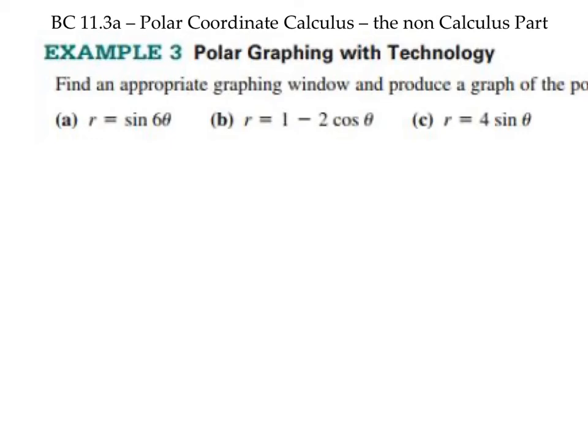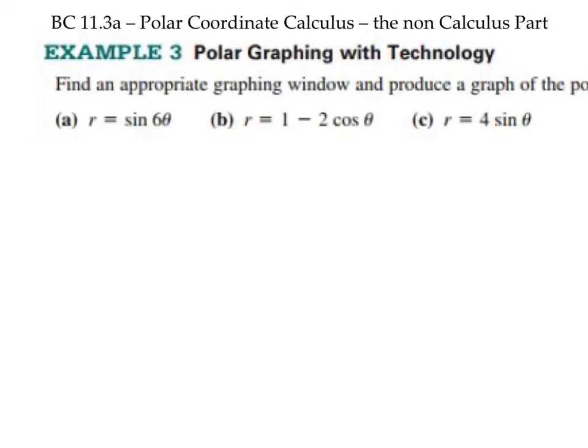These are called roses, and it turns out, if you don't remember, sine of n theta and cos of n theta show only n leaves in the rose if n is an odd number, but 2n if n is an even number. So the first one will show a rose with 12 leaves.